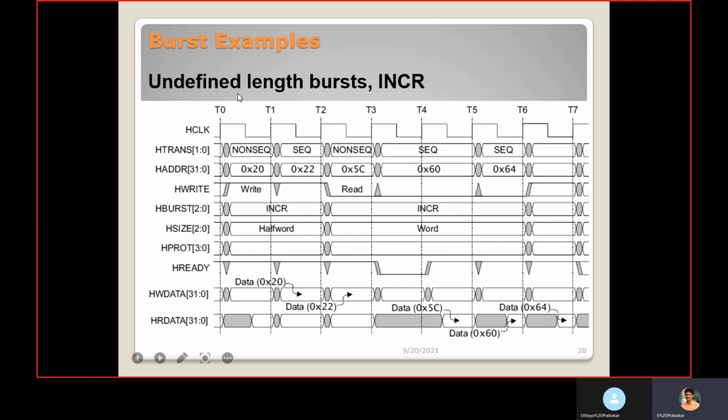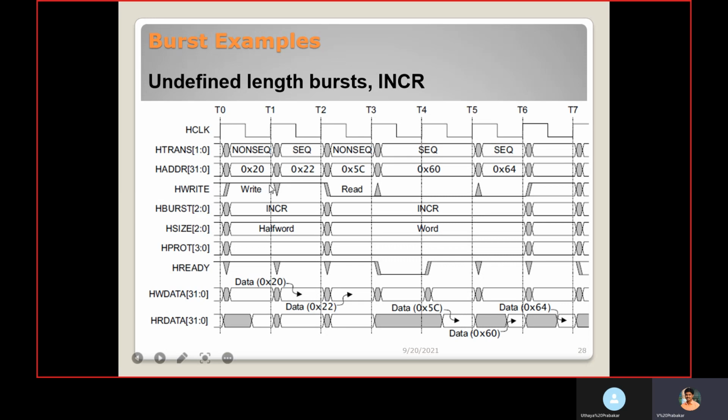Then next is undefined length burst increment. So an undefined length burst will continuously increment based on the HBURST and HSIZE. Here HSIZE is half word, that is 2 bytes. It is an increment type. So we start with non-sequential at address 20. It will increment by 2 bytes, right?